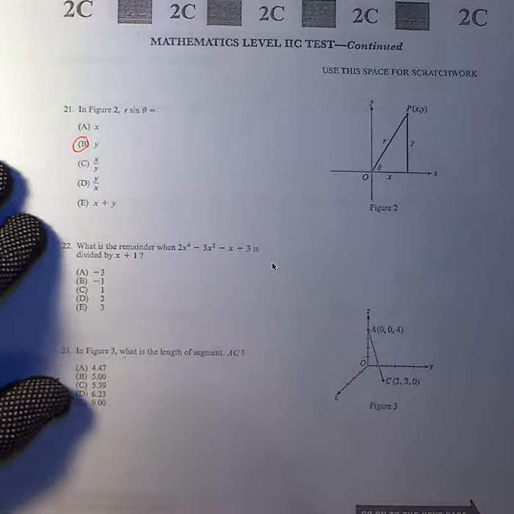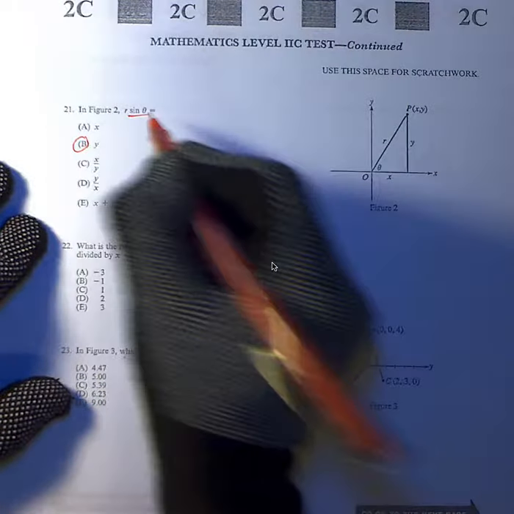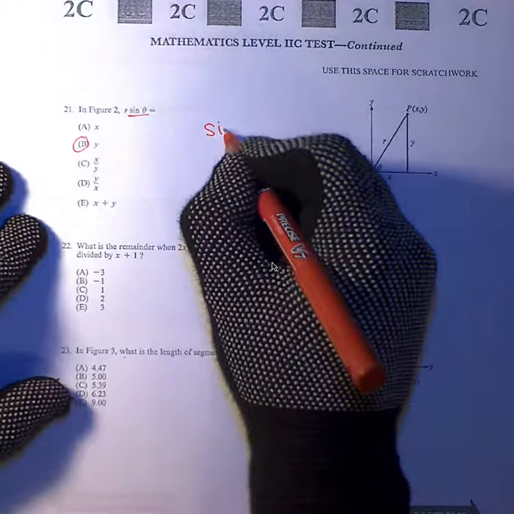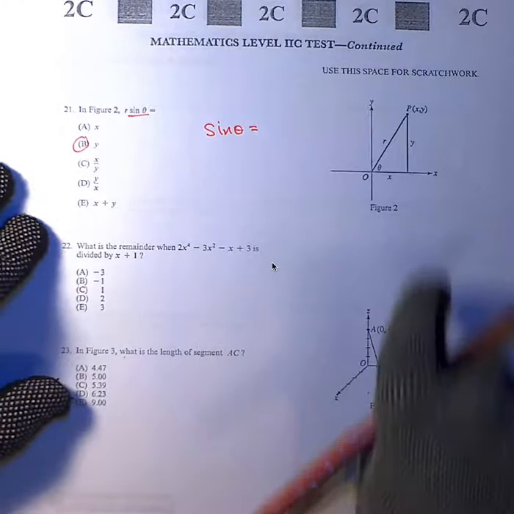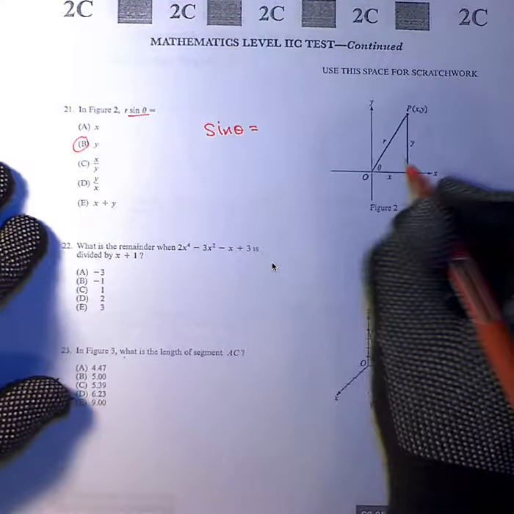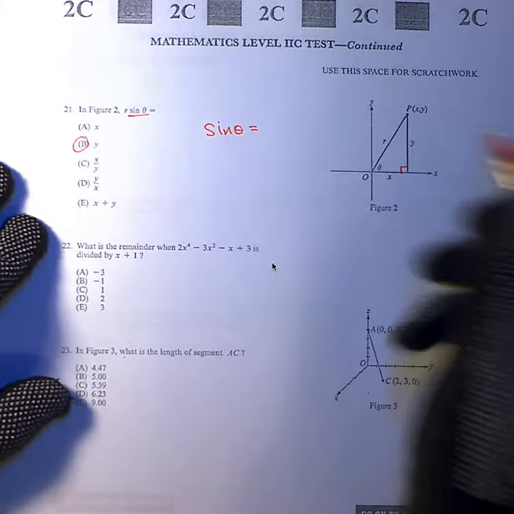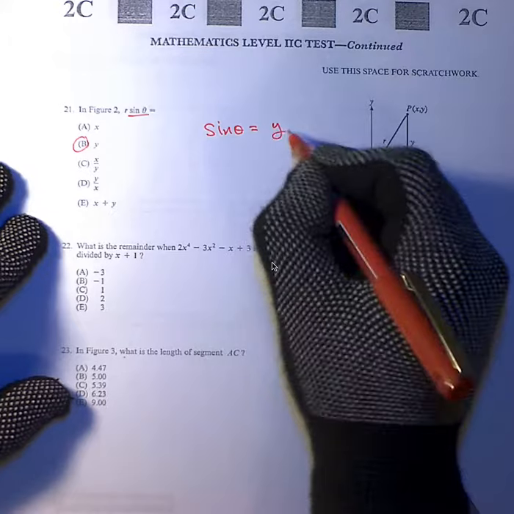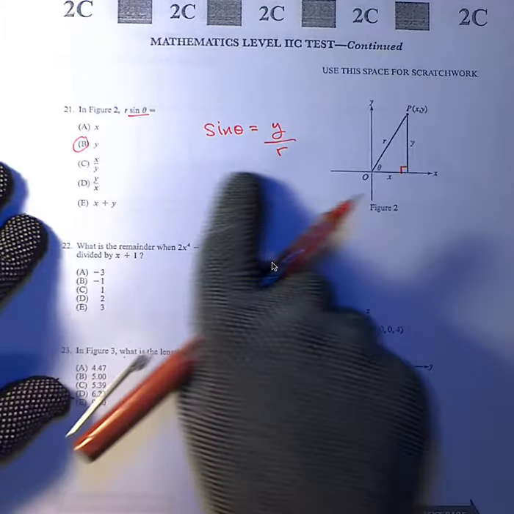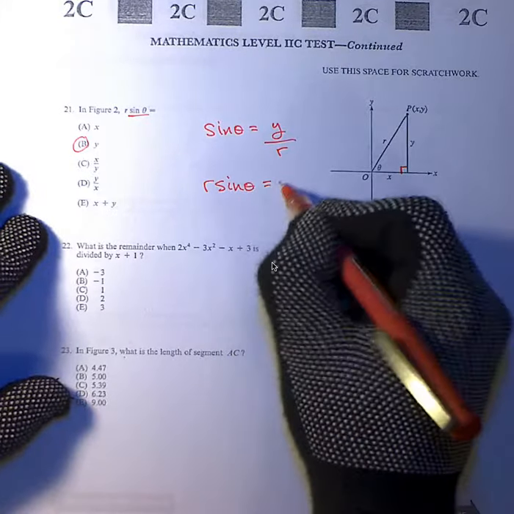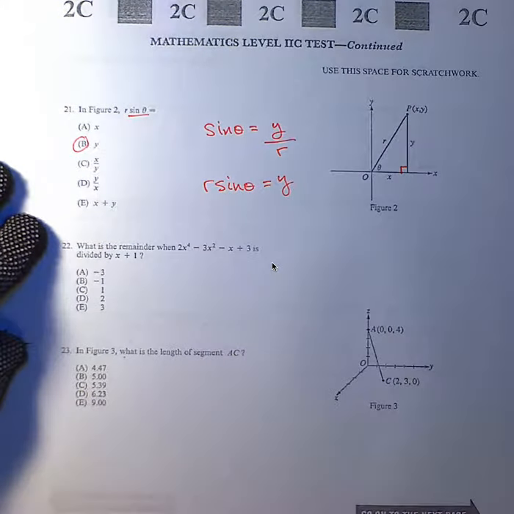Well, if you didn't know that, then just by seeing the clue sine theta, you should know that you need to write a statement about sine theta. Sine theta is equal to the opposite over the hypotenuse, so that's y over r. Then multiplying both sides of this equation by r, you immediately get that r sine theta is equal to y. So either way is a good way to get there.